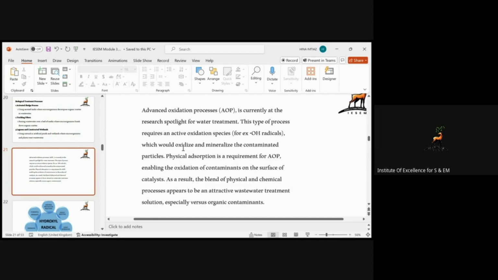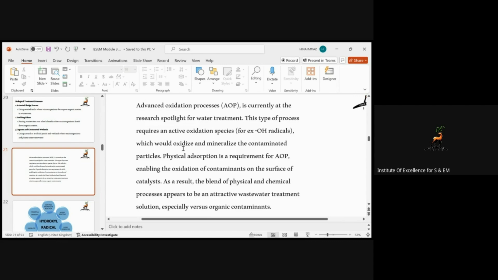Physical adsorption is basically a process in which you can use any kind of membrane in primary, secondary, or tertiary stages, and that membrane has a certain kind of coating on it, on which reactive oxygen species are formed whenever they contact the wastewater.